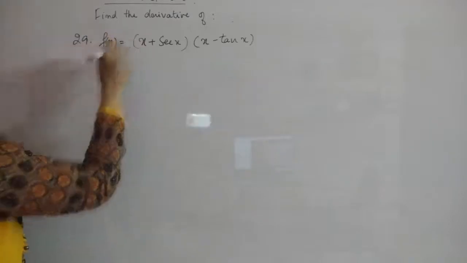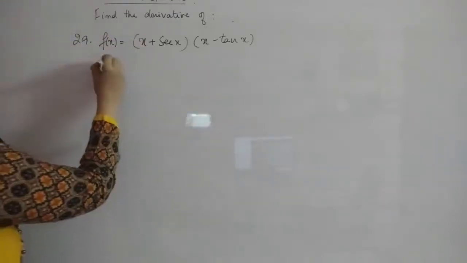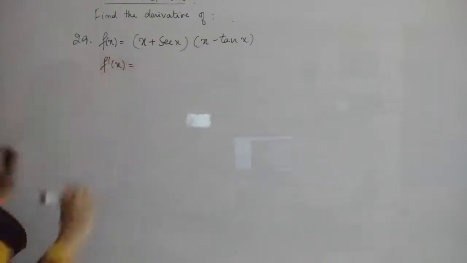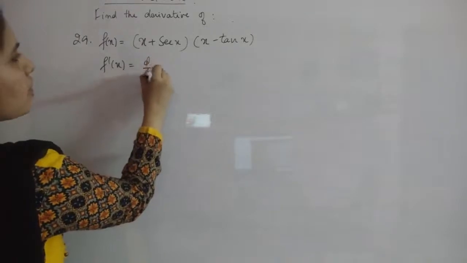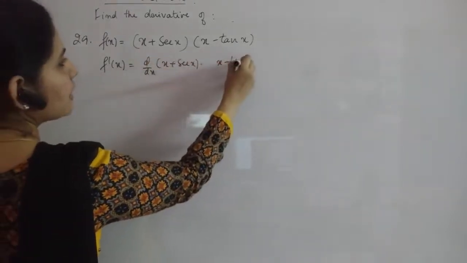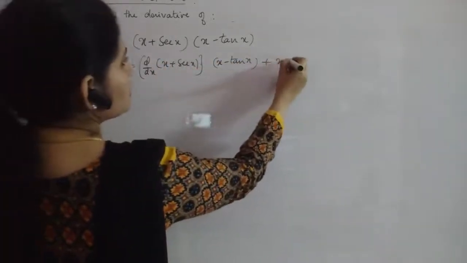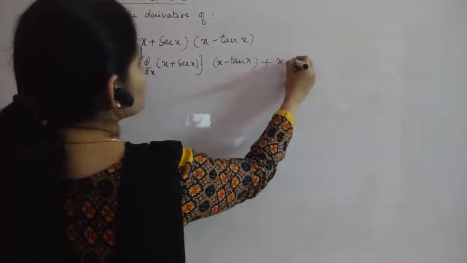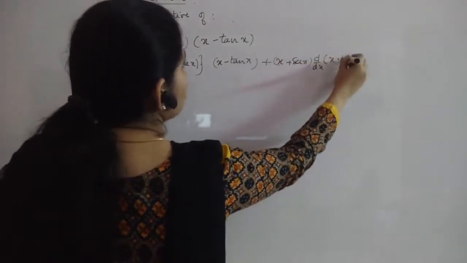Next question is x plus sec x into x minus tan x. So f dash of x, again you can use product rule here. Okay, so d by dx of x plus sec x into x minus tan x plus x plus sec x into d by dx of the second term, which is x minus tan x.